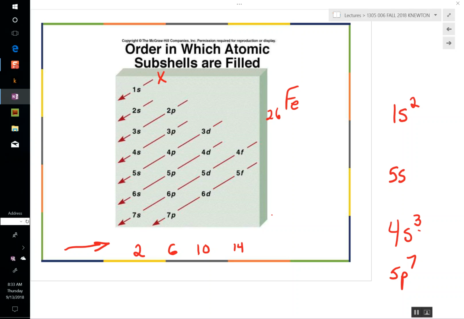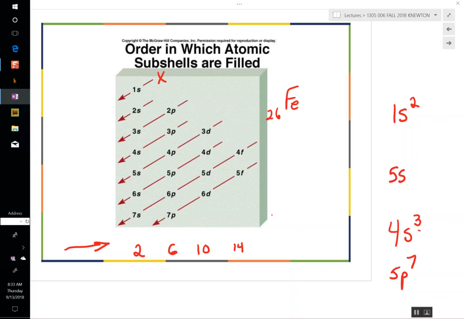Neon, 10: 1s2, 2s2, 2p6. And that's 10 electrons. Argon: 1s2, 2s2, 2p6, 3s2, 3p6. That's 18. 2 plus 2 is 4 plus 6. I'm adding up these superscripts, not these energy levels. There's 2 electrons there, 2 here.